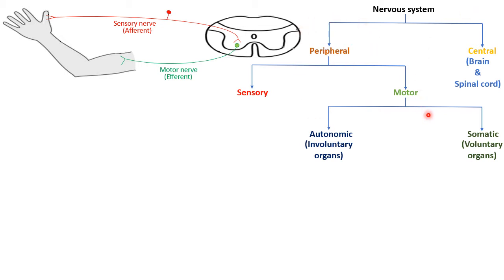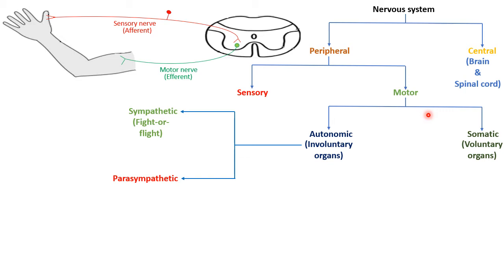All right? And this autonomic nervous system could be classified into the sympathetic nervous system and the system that is parallel to it, which is called the parasympathetic nervous system.